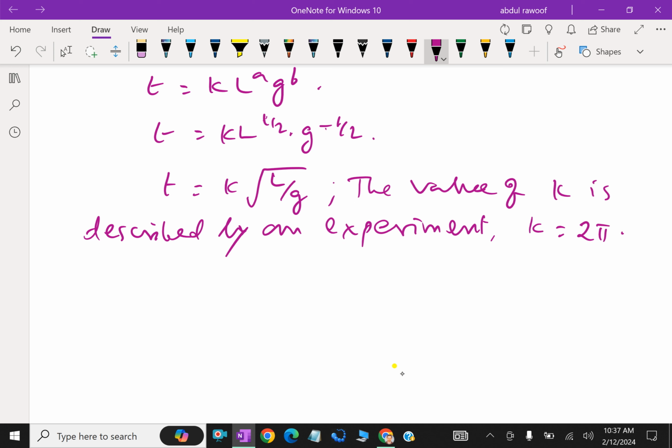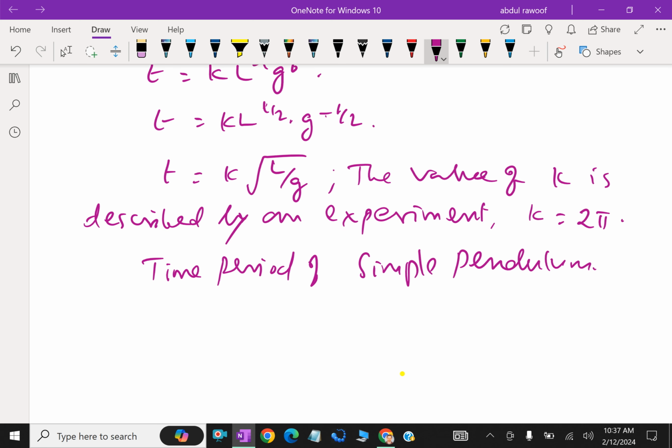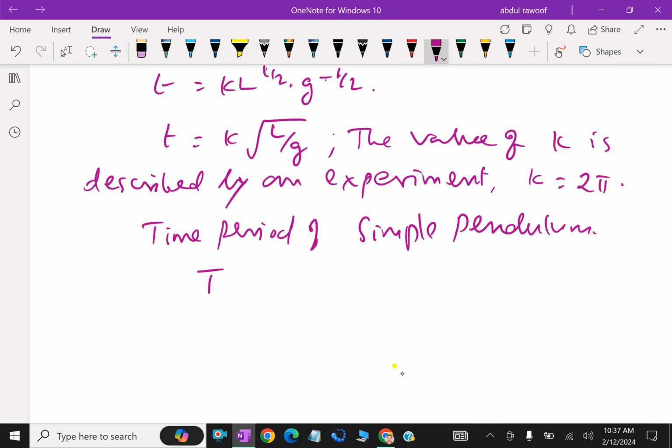Therefore, the time period of a simple pendulum is T equal 2 pi root L by g.